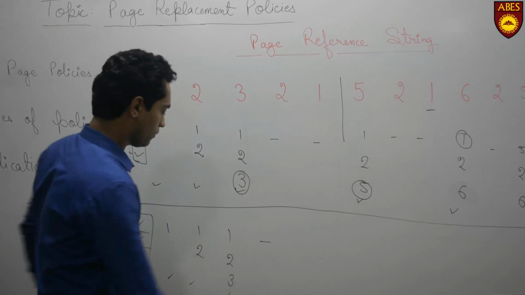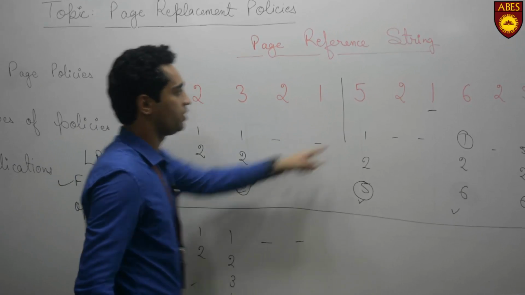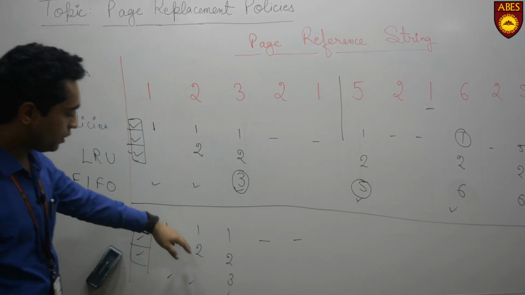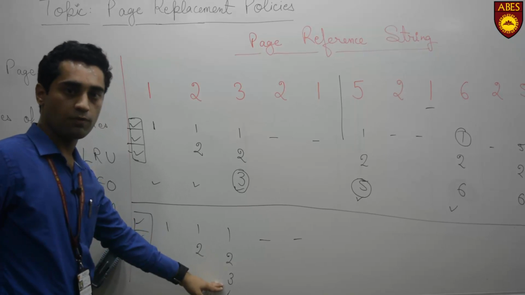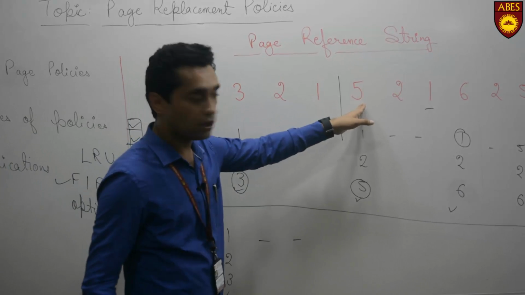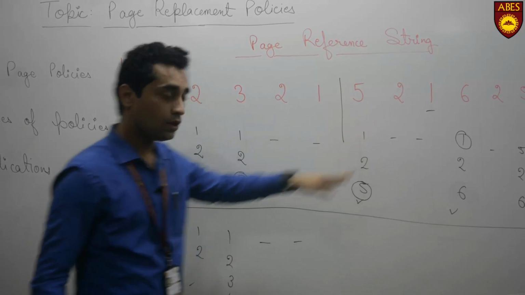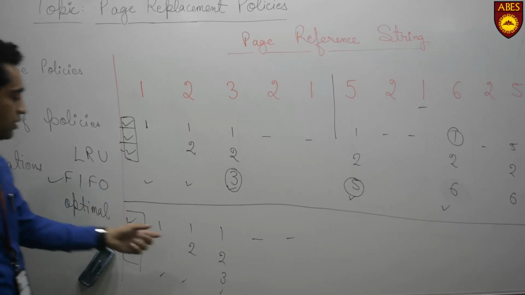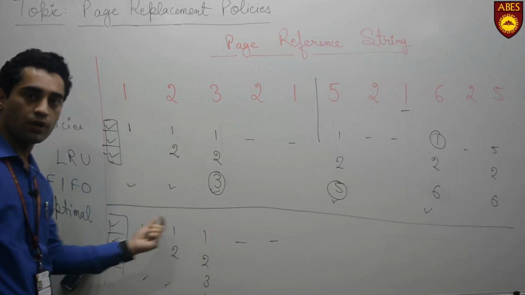Here page number 1 is already present, page number 5, oh, now again it's a new page. We are seeing here 1, 2, 3 are the pages which are there in the buffer, but here we have to accommodate a space for page number 5. As per the policy FIFO, first in first out, we check which page comes first.